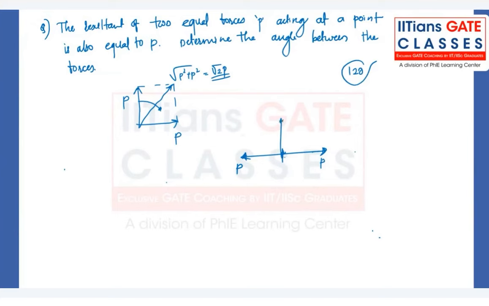Okay, so you know the law of parallelogram of forces. The resultant is denoted by the square root of P square plus Q square plus 2PQ cos theta, and here the resultant is itself equal to P, and both the forces are also equal to P, so that is P square plus P square plus 2PP, or 2P square cos theta. Just solve this equation, nothing else.